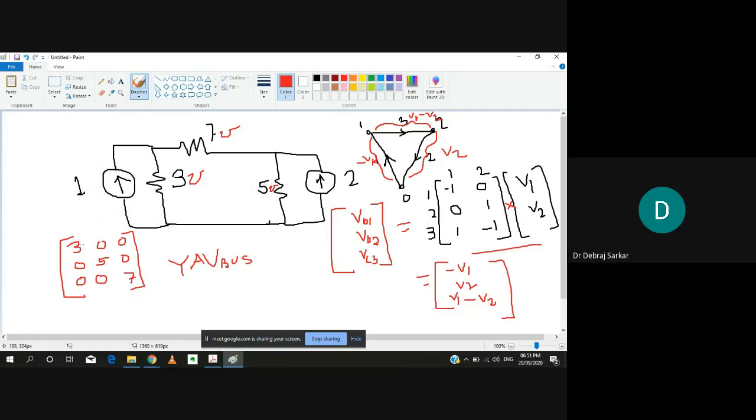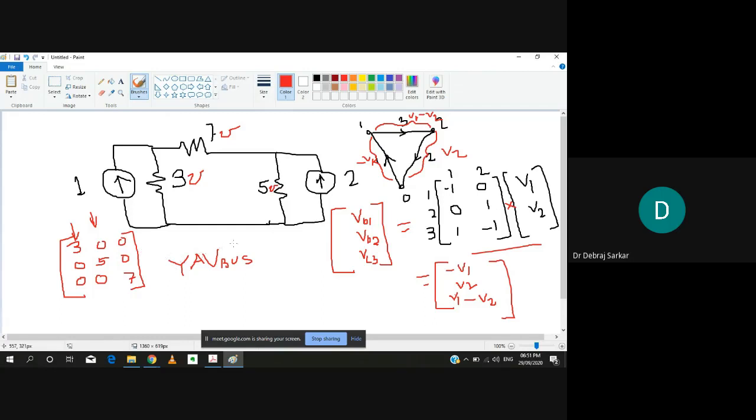We are thinking about element number 1. Element number 1 is here. Element number 1 has an admittance of 3. Element number 2 has an admittance of 5, and element number 3 has an admittance of 7. This is called a primitive Y matrix.